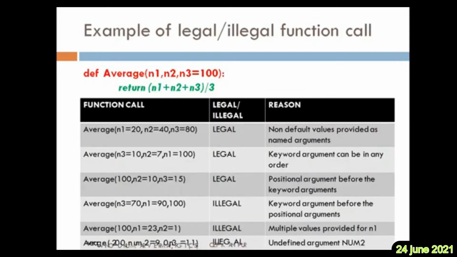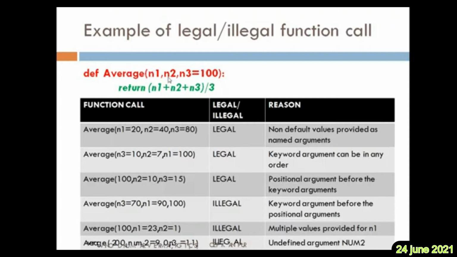Now, examples of legal and illegal function calls. Let us see, here is a function called average: n1, n2, n3 equal to 100. There are 3 parameters, and n3 is a default.